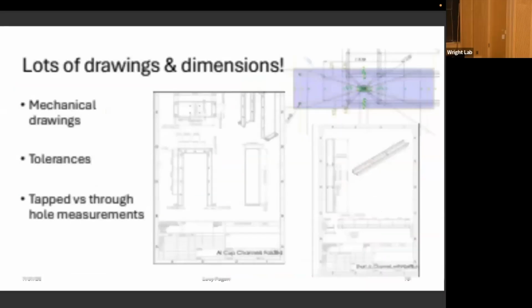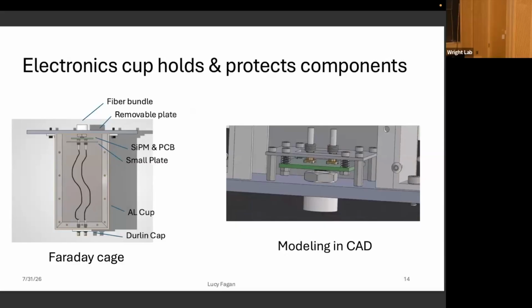Yeah, it's actually a really good question. So the springs right here essentially are because the PCB board and SiPM are really, really delicate, and they need to be perfectly aligned with the fibers that come out. So the fibers actually touch the SiPM, and they're coupled together with optical grease. And it's really hard to get that perfect alignment without the perfect pressure.